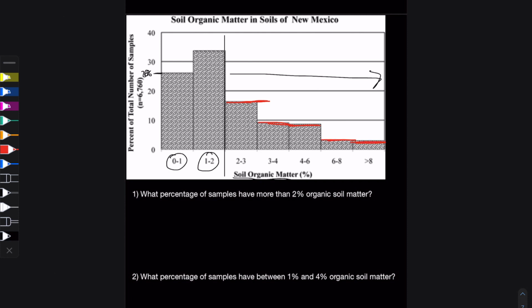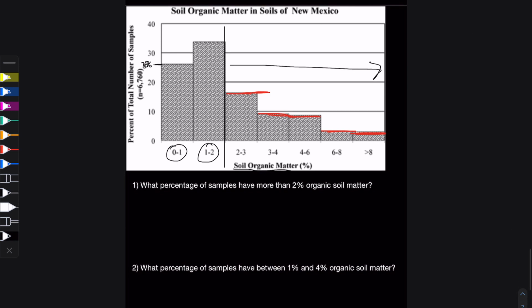So I would just go ahead and estimate that around, let's see, if we say right here would be, I don't know, that looks like 17% to me. This one looks like 9%. This one looks like 8. This one looks like 3 and 3.